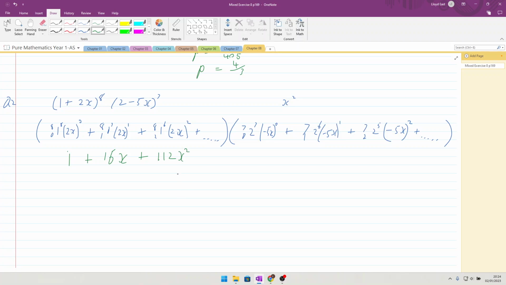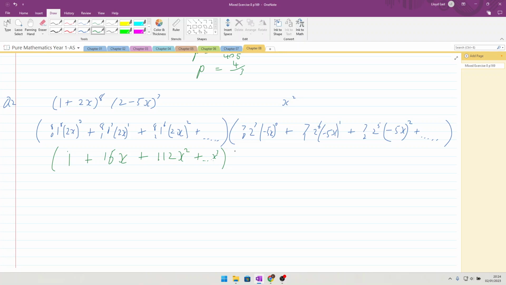Okay, so that's the 28 times the 4 from the 2 squared here. Okay, and all of that plus some other stuff which will be like x cubed, which isn't going to do anything good when I'm multiplying to try and find an x squared coefficient.